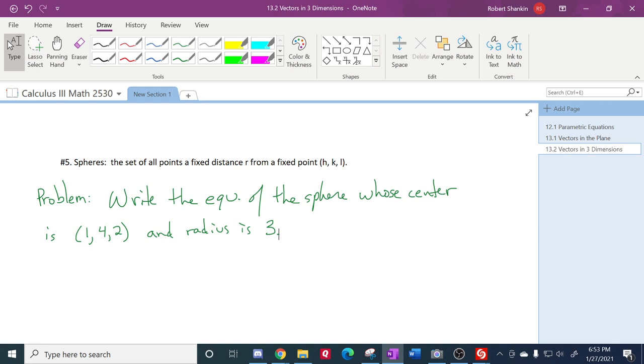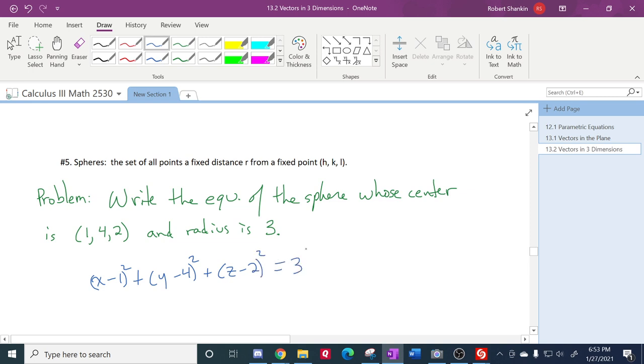Yeah, Rowan had (x minus 1) squared plus (y minus 4) squared plus (z minus 2) squared equals 3 squared. I think that makes sense. Why does this make sense? Where in the world does this come from?